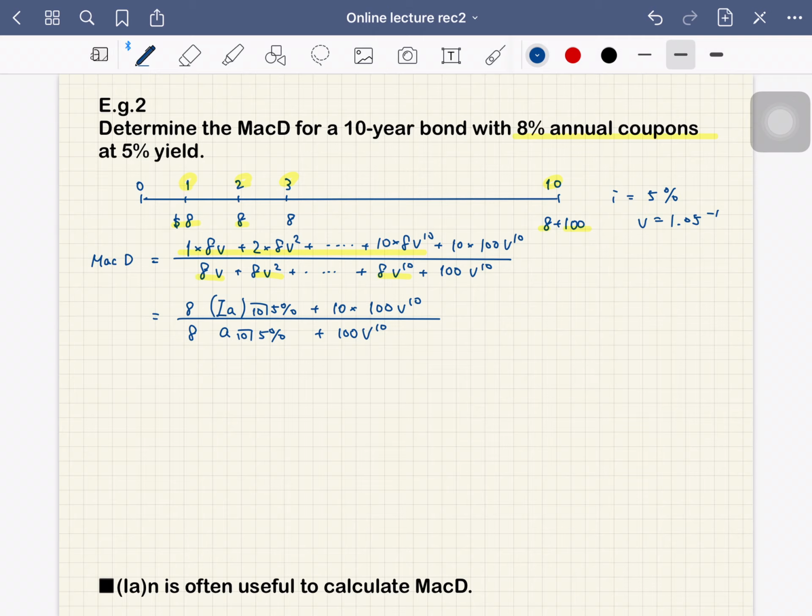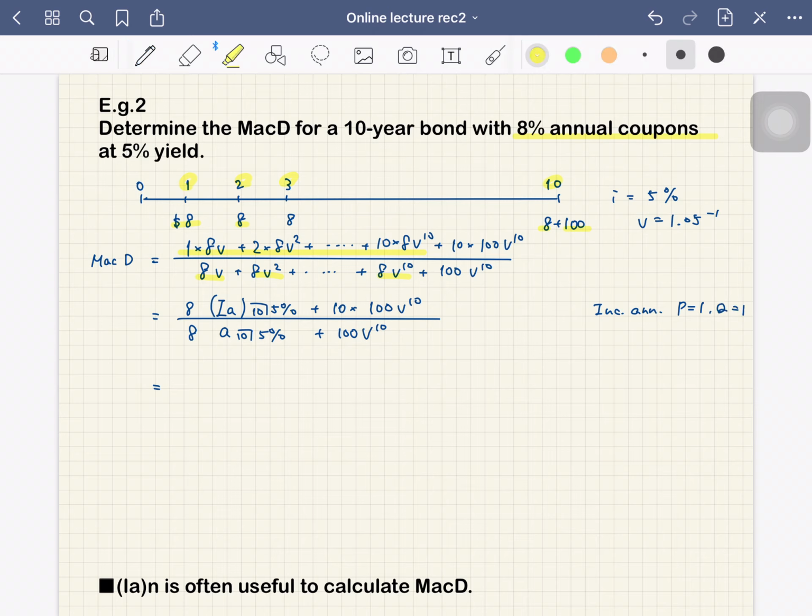So we can calculate this by formula. What is the increasing annuity formula? This is basically an increasing annuity with P equal to 1 and Q equal to 1.